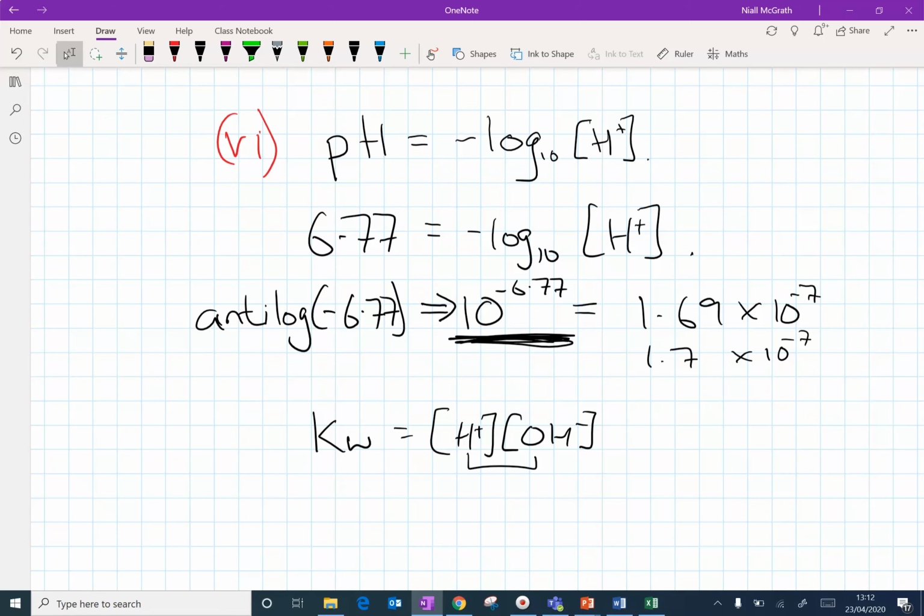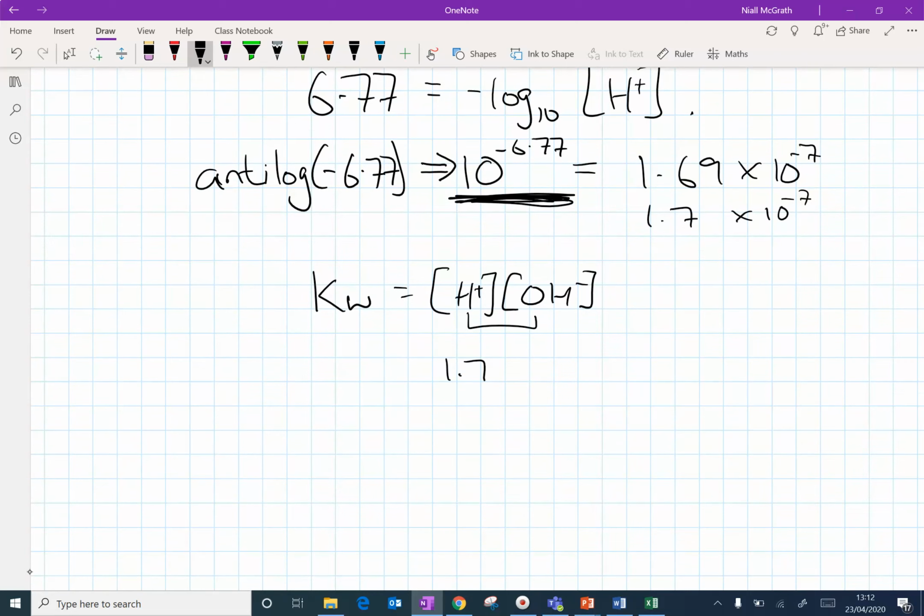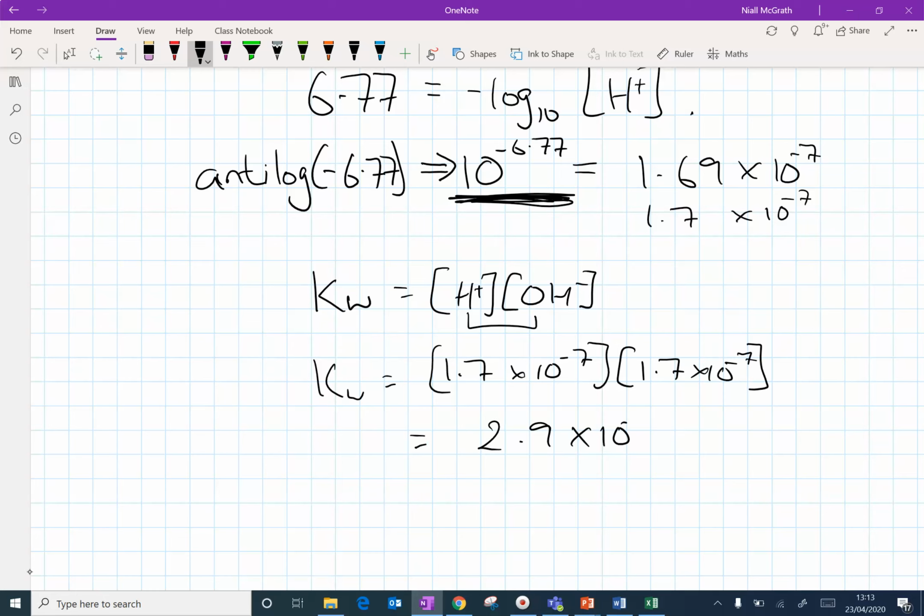So it's going to be basically 1.69 by 10 to the minus 7 squared, or 1.7. And that gives you an answer of 2.9 by 10 to the minus 14. That's our Kw figure.